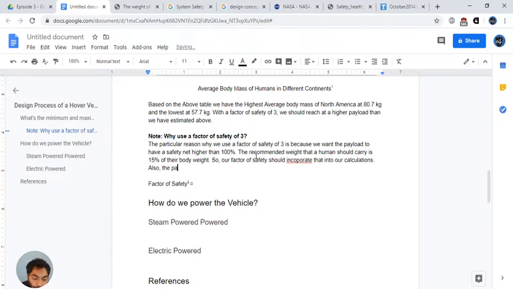Also, the payload is based on the average body mass of humans in different continents, right?